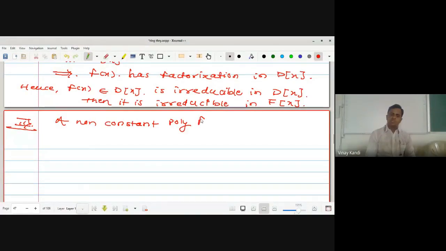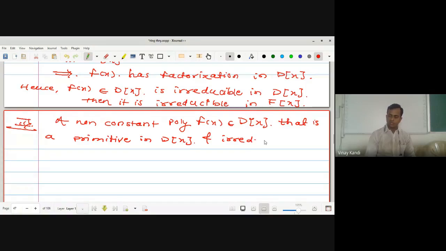A non-constant polynomial, suppose f of x belongs to capital D of x, that is a primitive in capital D of x and जर irreducible पण असेल कुठे in capital F of x.